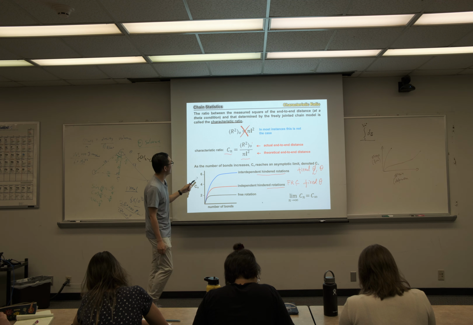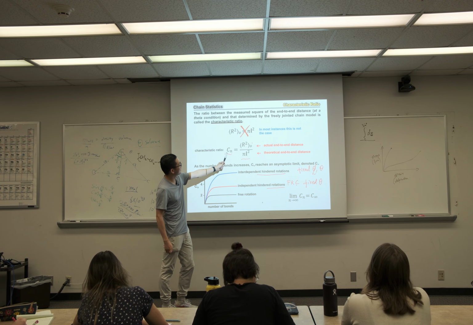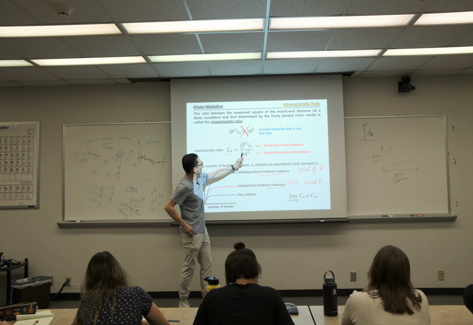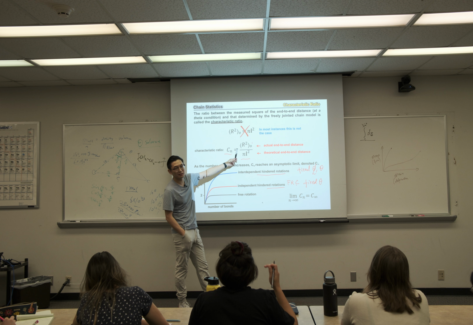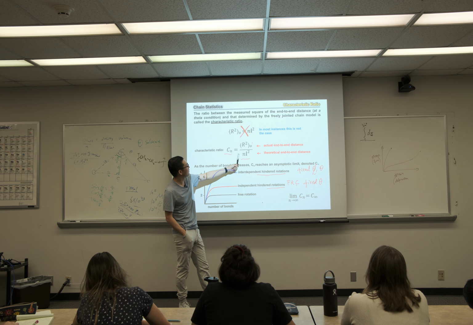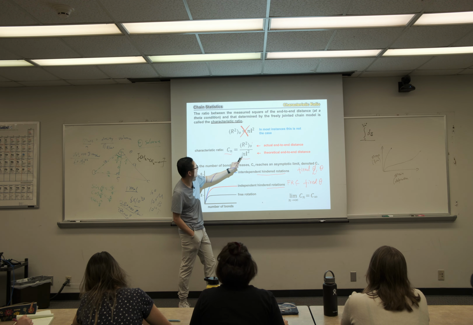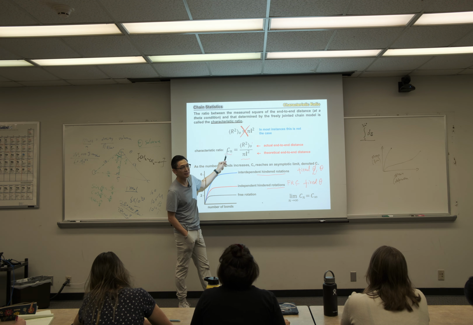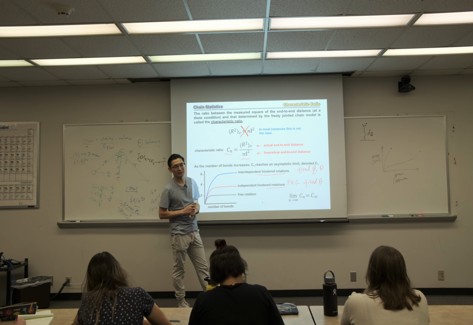So we can define this characteristic ratio, which is the actual end-to-end distance of your molecule for the non-ideal chain divided by the theoretical end-to-end distance. So this is basically an expansion factor.